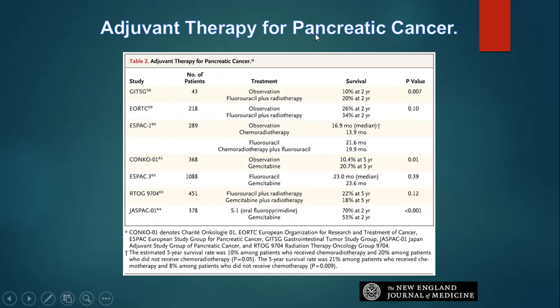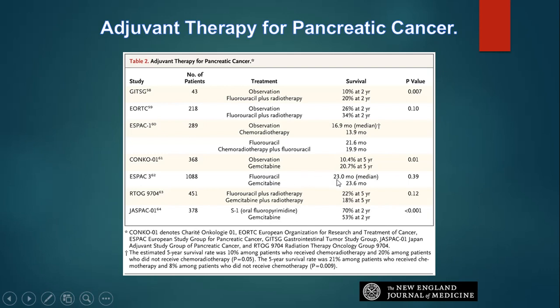Here is a list of various studies done at various times with different types of adjuvant treatment with chemotherapeutic agents. Different studies were done with different numbers of patients, and you can see the largest number of patients was in this study, and these 2 chemotherapeutic agents were used.